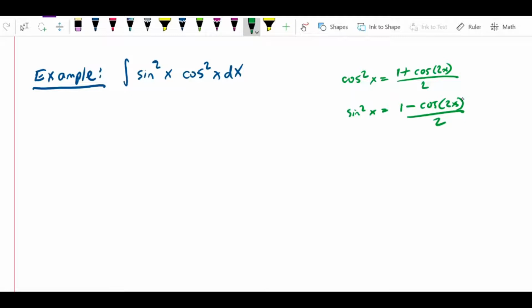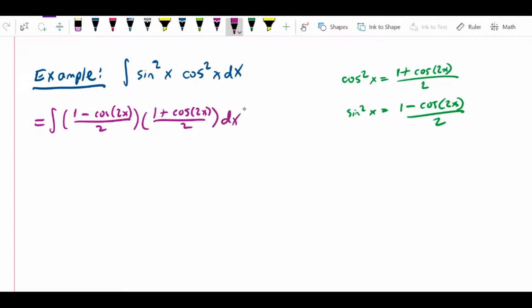We're going to use these identities to rewrite sine squared and cosine squared. So let's rewrite this as the integral of 1 minus cosine 2x over 2 times 1 plus cosine 2x over 2. And now we're going to multiply everything out.